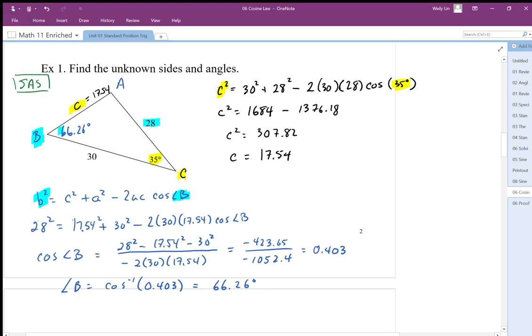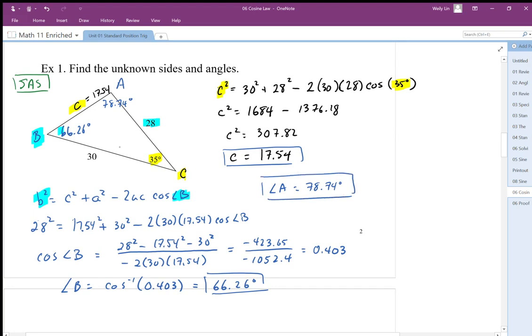Then I can deduce the last angle by subtracting from 180. So 180 minus 35 minus 66.26, I end up with approximately 78.74 degrees. There's my angle B, there's my side C, and angle A works out to be 78.74 degrees, which I find through subtracting from 180 degrees in a triangle.